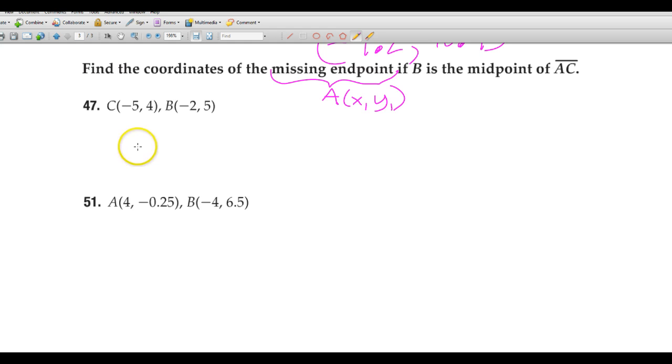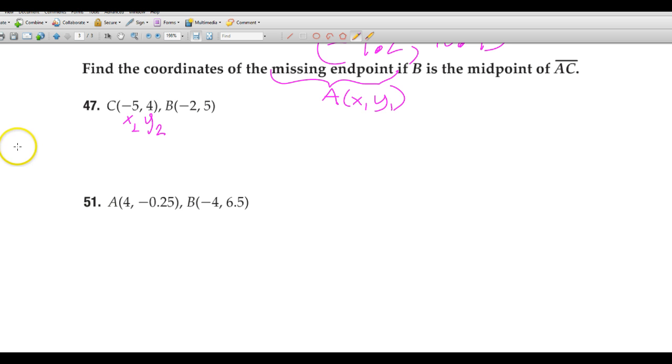Find the coordinates of the missing endpoint if B is the midpoint of AC. So the missing endpoint for number 47 would be A, so let's just call that x1, y1, and C we'll call x2, y2.